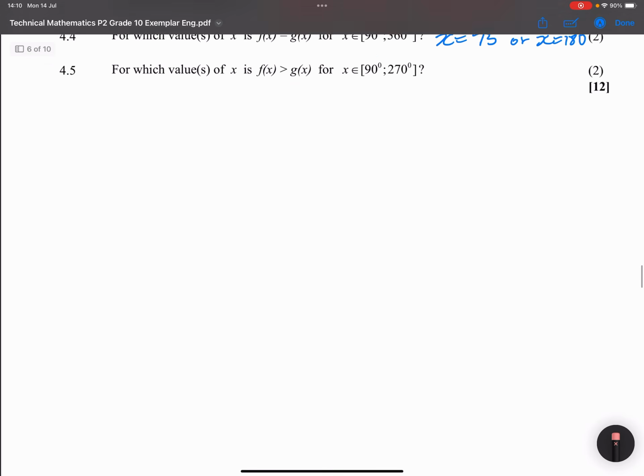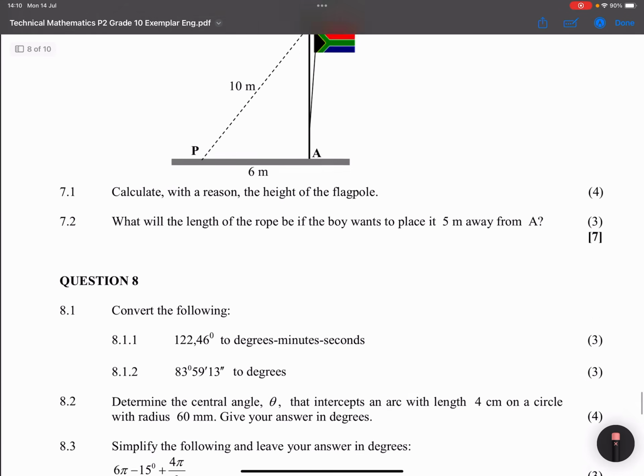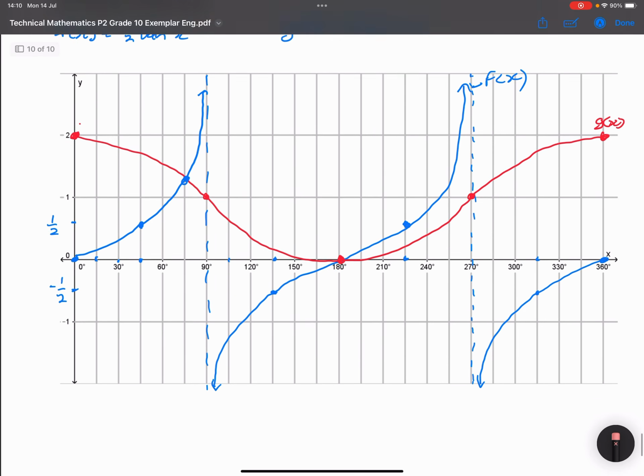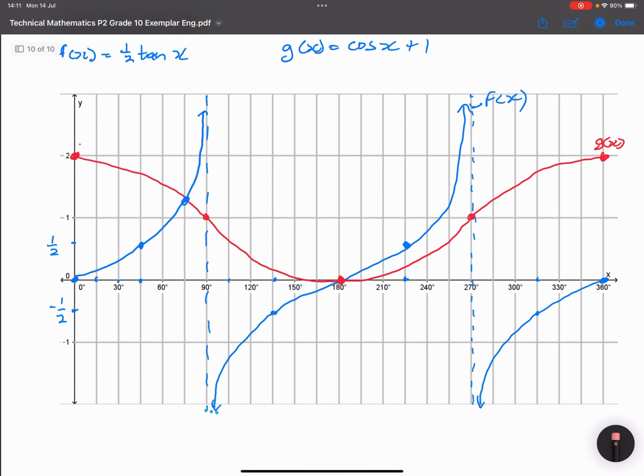Between 90 and 270. Okay, let's see. So between those two asymptotes, where is the blue graph above the red graph? You can see that starts from 180. The blue graph becomes above the red graph up until we get to that asymptote, which is 270, right?